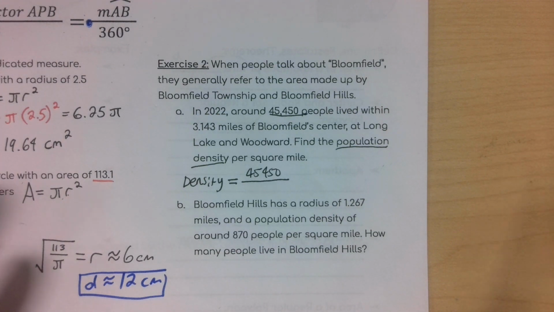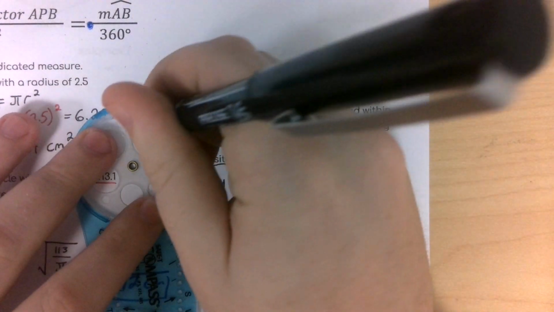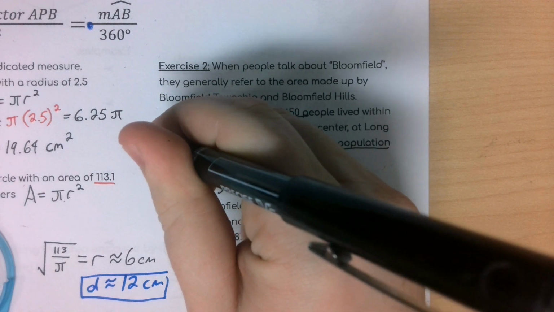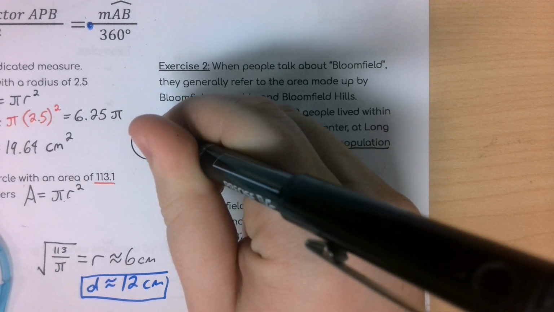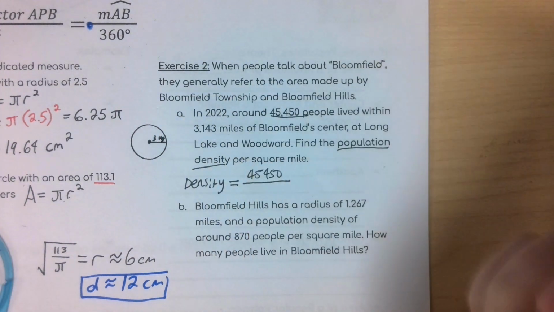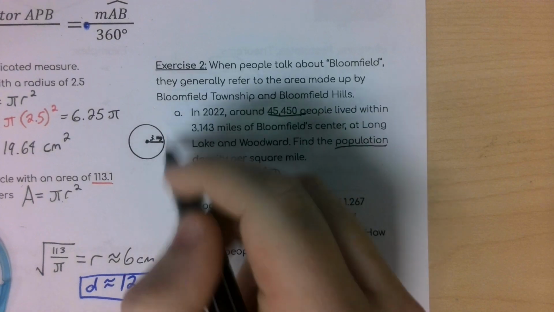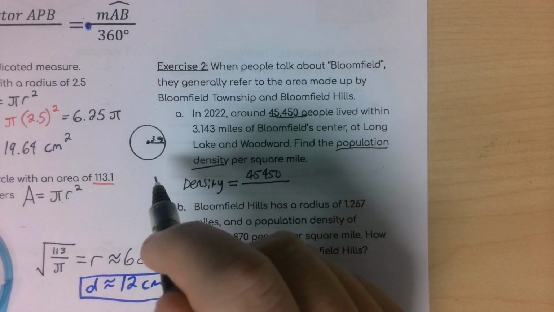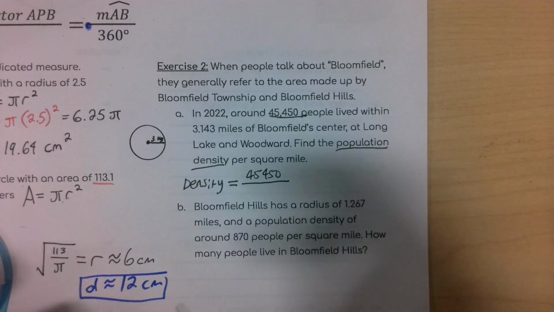What that's saying is, if there was a circle that we were looking at, for instance this one here, from the center of the circle to 3.143 miles, that is the distance we could be. But we could be anywhere in this space. So we end up with a circle with a radius of 3.143. This is where the area of a circle comes in.